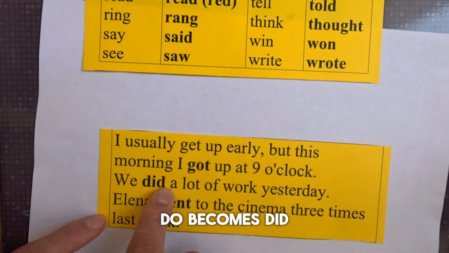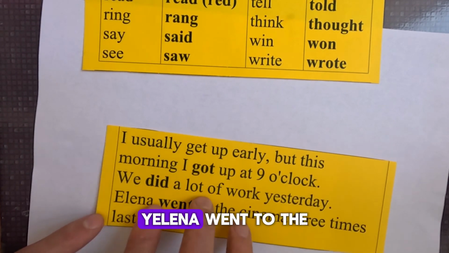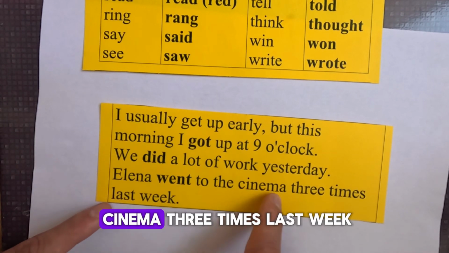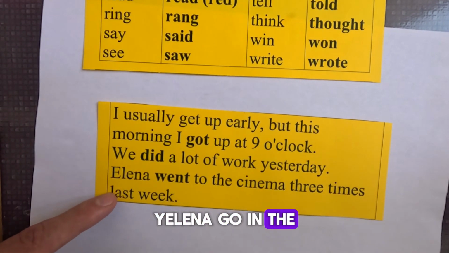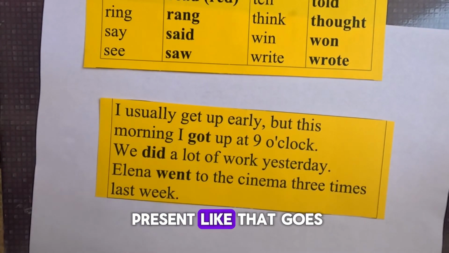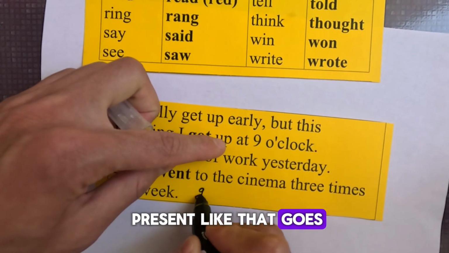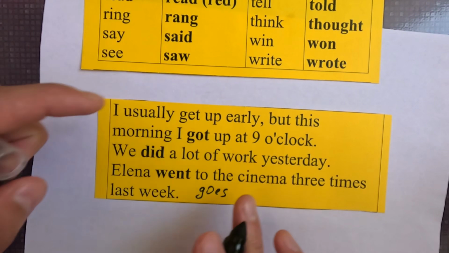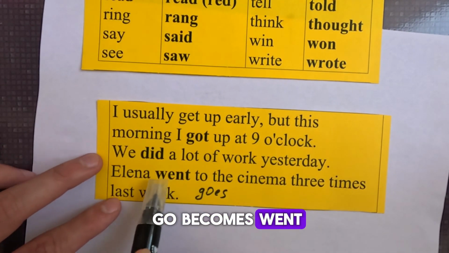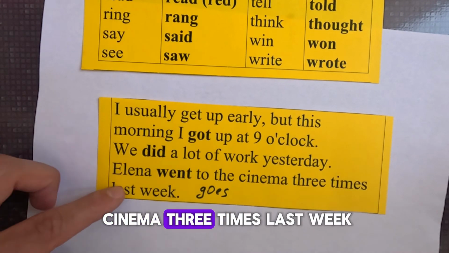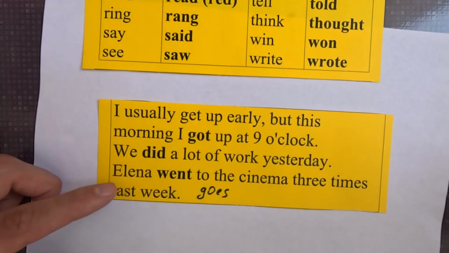Do becomes did. Yelena went to the cinema 3 times last week. Go in the present, goes, and in the past, go becomes went.